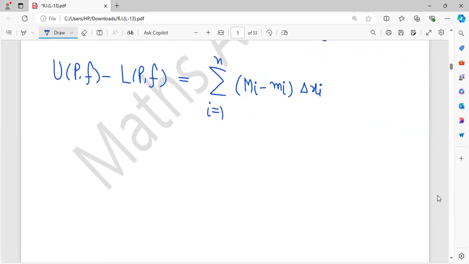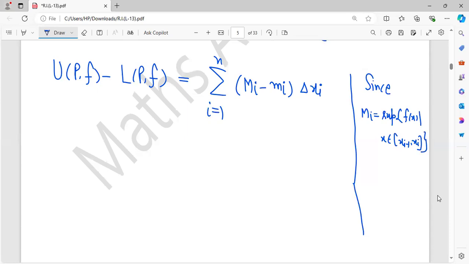Okay. So this is because M_i is the supremum of F(x), x belongs to [x_{i-1}, x_i]. So what does it mean? F is a continuous function. Continuous function always attains its supremum and infimum.